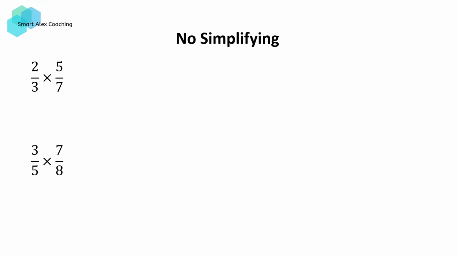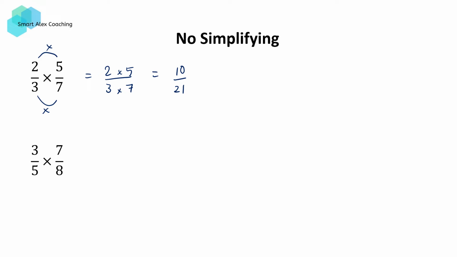Multiplying fractions is probably the simplest operation to do with fractions. To multiply two fractions together, all we need to do is to multiply the top two numbers, the numerators together, and the bottom two numbers, the denominators together. So for 2/3 times 5/7, this would become 2 times 5 over 3 times 7, which would simplify to 10 over 21.